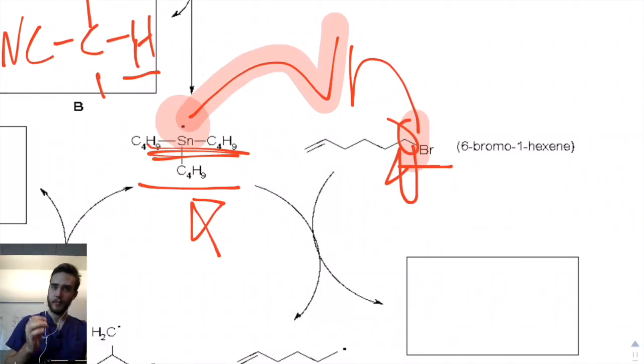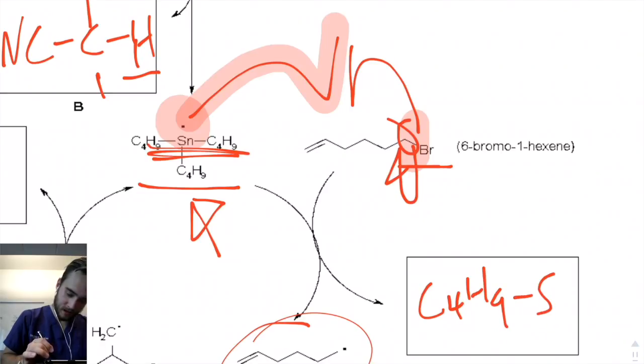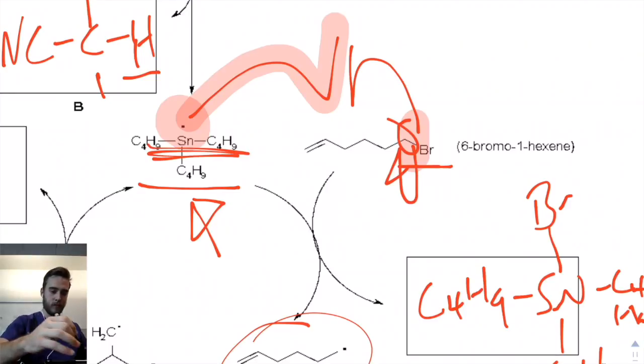So what's our molecule that goes into addition of this one right here? C4H9SN with a bromine now, and then another C4H9. Not enough space to write it.